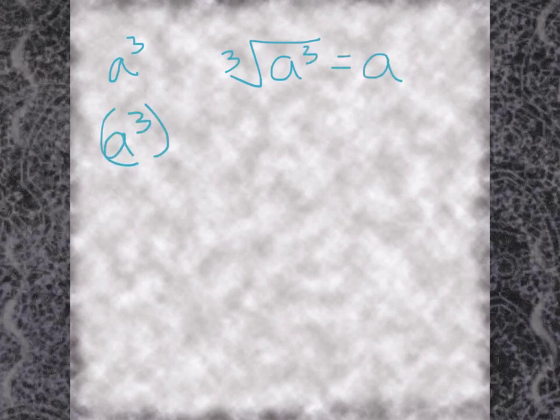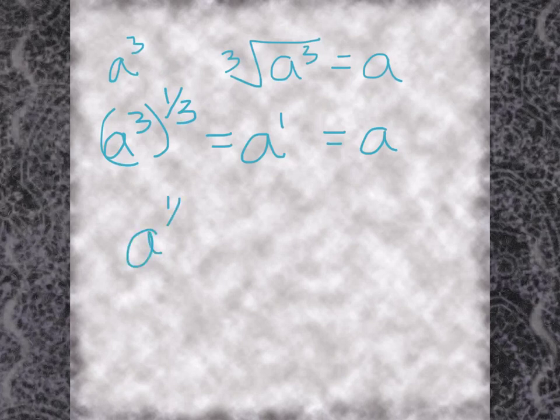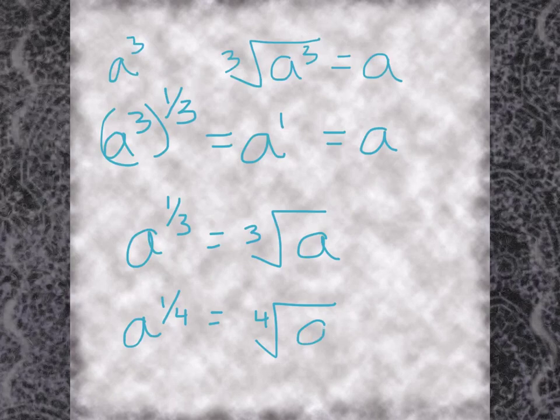If I were to take the cube root of a to the 3rd power, I would get a. If I were to take a to the 3rd power and raise it to the 1/3, then that would be 3 times a third, which is a to the 1, I would get a. So a to the 1/3 is the same thing as the cube root of a. And a to the 1/4 would then be the same thing as the 4th root of a, and so on and so forth.